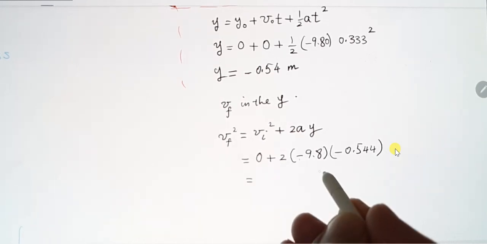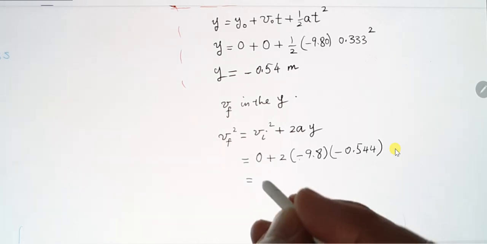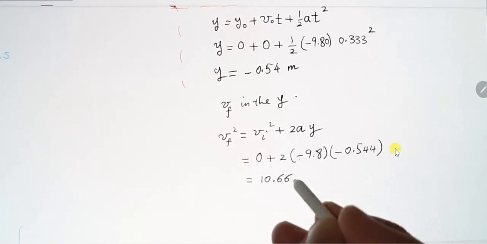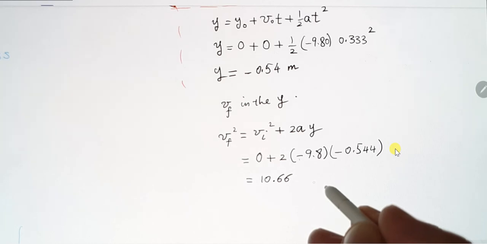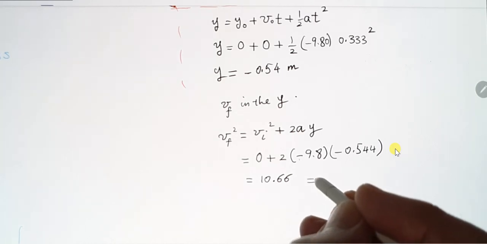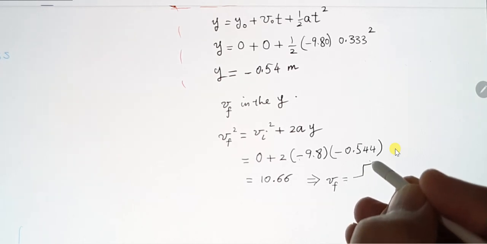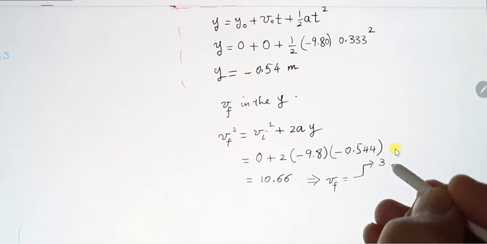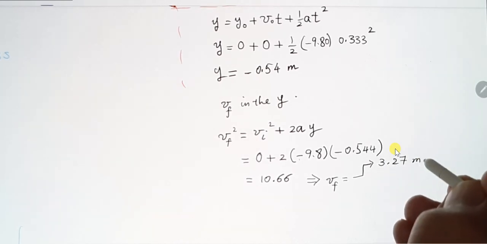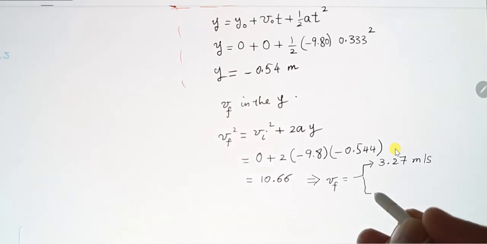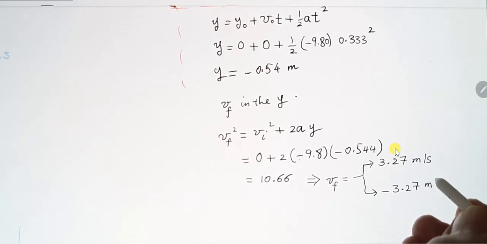So what's this number? 10.66. Be careful, Muhammad. So that means V final is equal to 3.27 meter per second, or could be minus 3.27 meter per second.